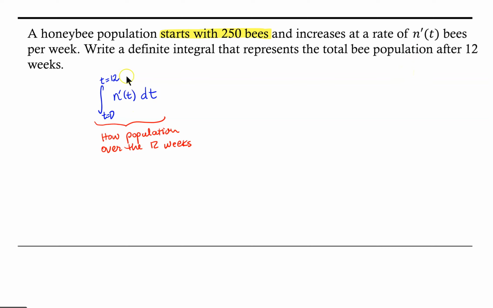This is how many bees are going to grow within the population, and all we really need to do is add in the number of bees there were when we started. So we start with 250 bees, and that population is going to grow over the 12 weeks at a rate of n prime of t dt.